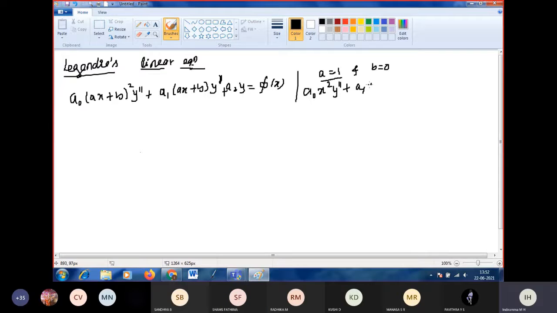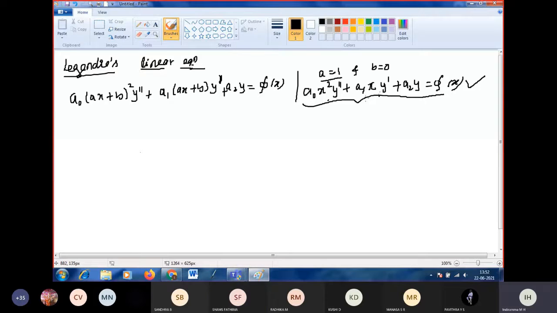After A1, what should I write? A0 x square y double dash plus A1 x y dash plus A2 y is equal to phi of x. What is this equation called? Cauchy's.